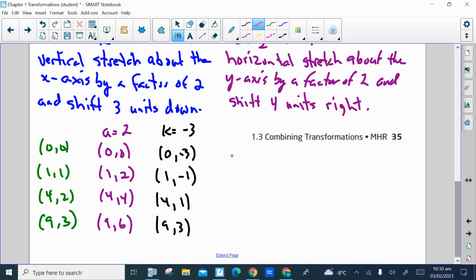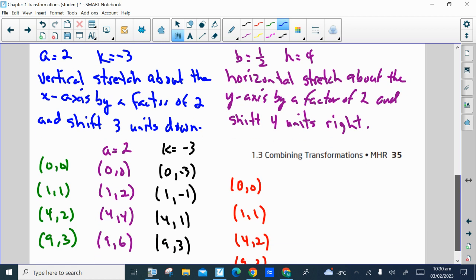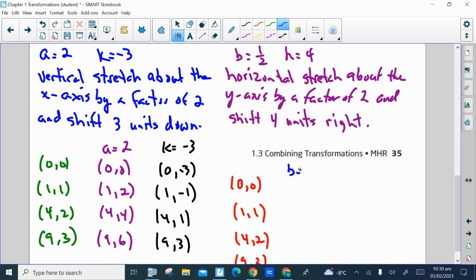So again, we'll start with those same 4 points. And our first parameter is a b value of 1/2, which again meant a horizontal stretch by a factor of 2.